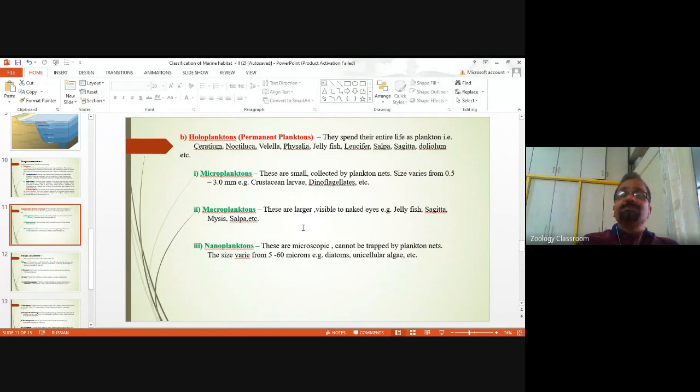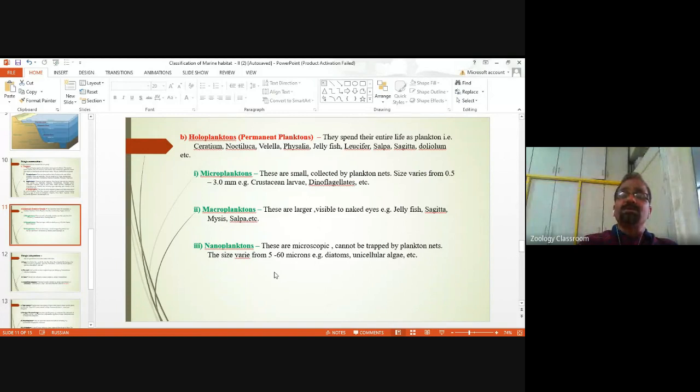Macroplanktons are much larger in size. They can be visible with the naked eyes. You can see the jellyfish, Sagitta, Mysis, Salpa. These are the organisms which can be observed. We have the slides and specimens of these organisms in our laboratory. So these are planktons larger than the microplanktons.